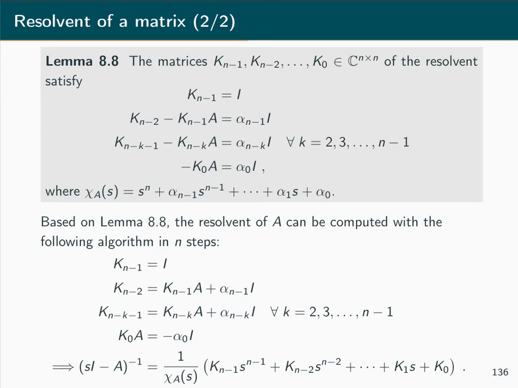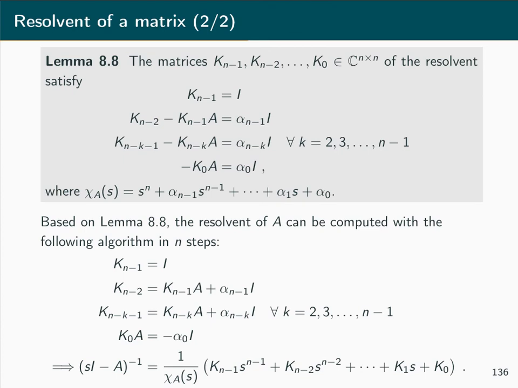We start with k_{n-1} equal to the identity, then we solve the second equation for k_{n-2}, which is equal to k_{n-1} A plus alpha_{n-1} times the identity. And then we go on in this fashion by always computing a k with an index that's one lower than the index that we had before, and by using this formula down to k_0 times A, which is equal to minus alpha_0 times the identity.